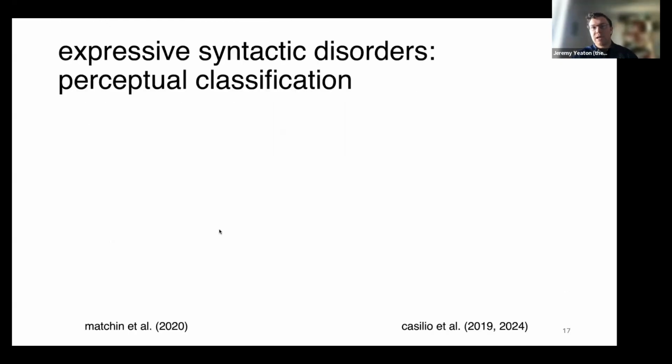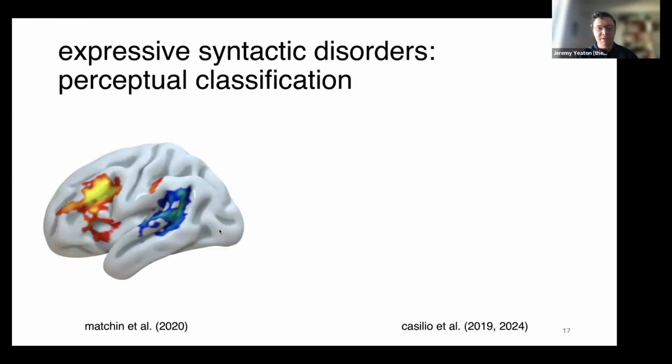Historically, the way these conditions have been assessed is through perceptual classification. So Matchin and colleagues in 2020 released a paper where they watched videos of 53 people with aphasia retelling the story of Cinderella, and they classified them as agrammatic, paragrammatic, both or neither.